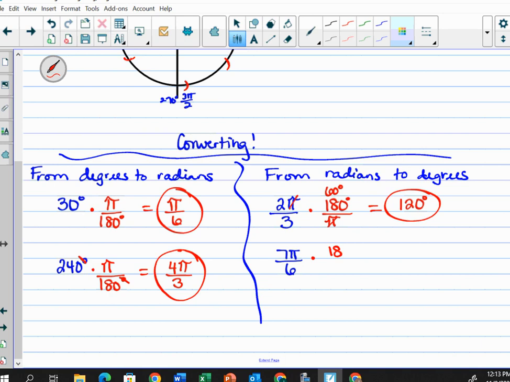Again, guys, reduce before you multiply. I don't want to do 7 times 180. That does not sound very fun. So you're thinking about what you want to end up with. If I want to end up in degrees, degrees needs to be my numerator.